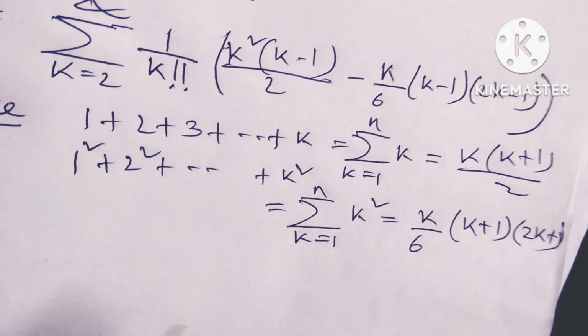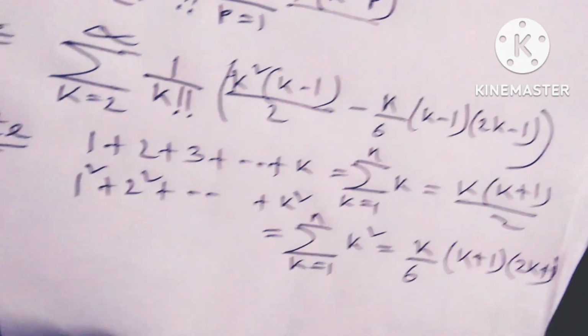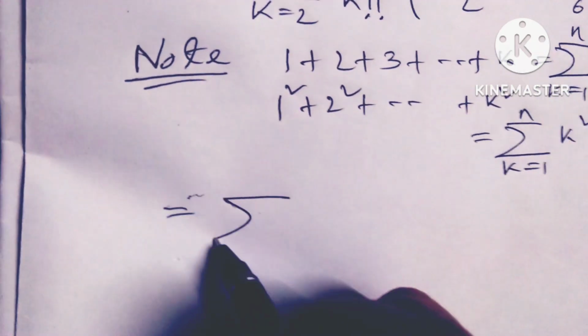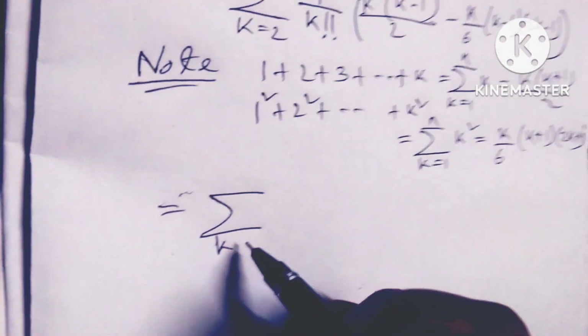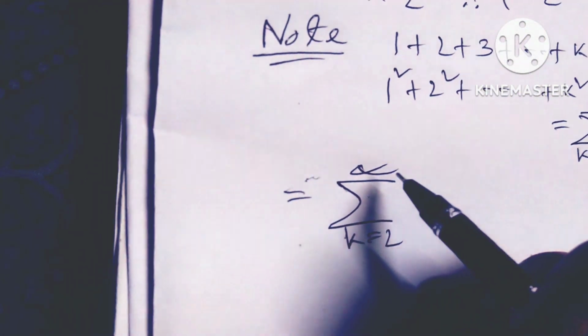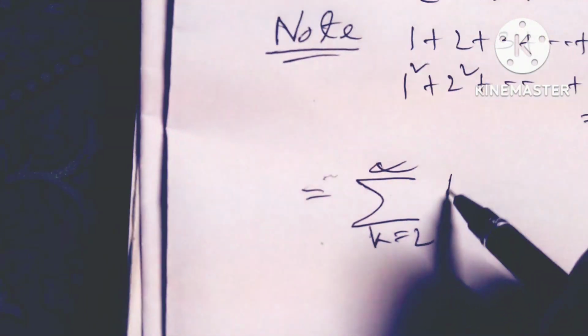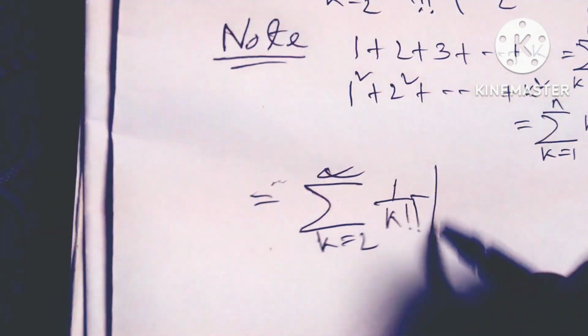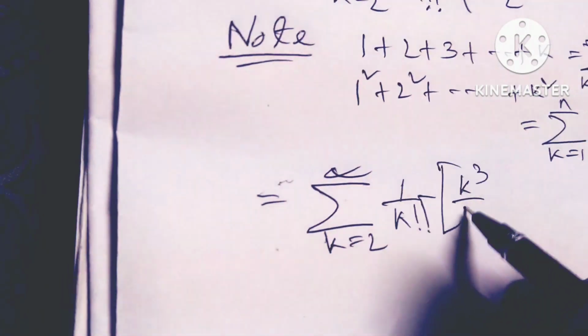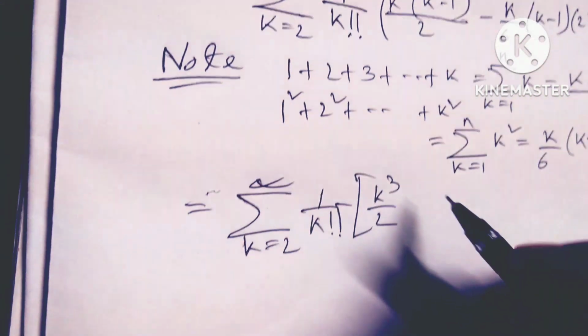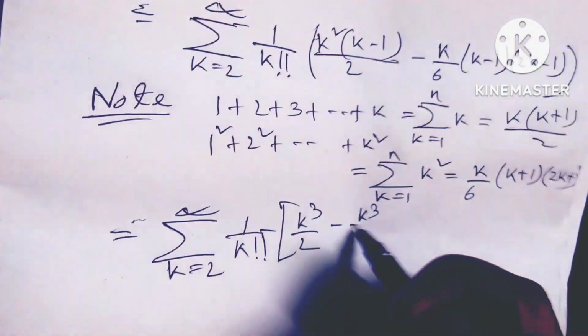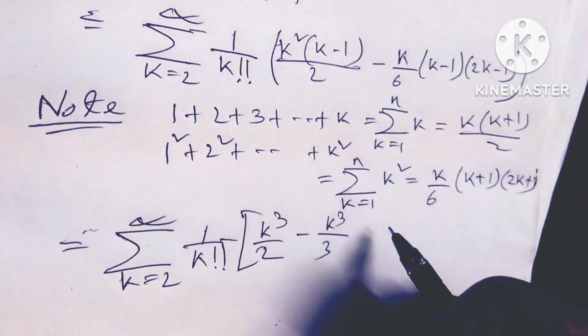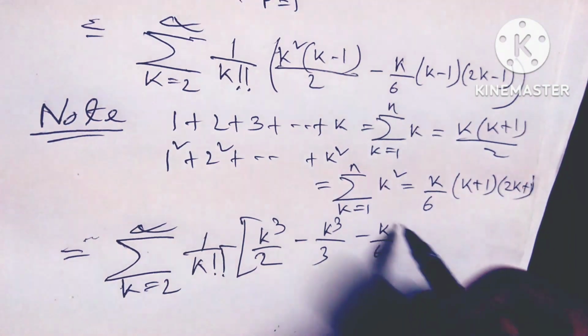After that, I get the summation k equals 2 to infinity, 1 by k double factorial, times k cube by 2 minus k cube by 3 minus k by 6.